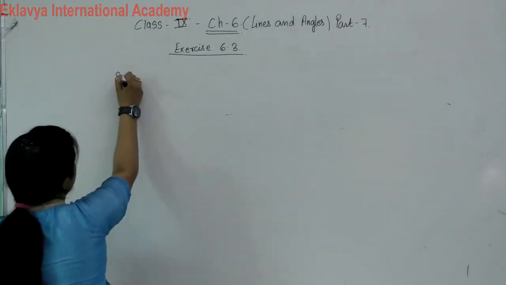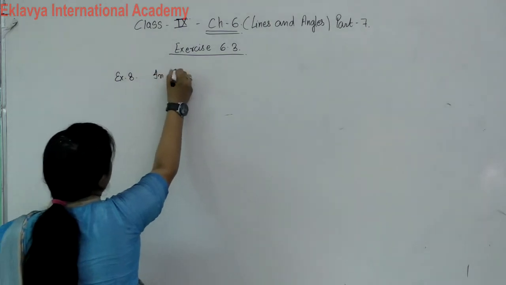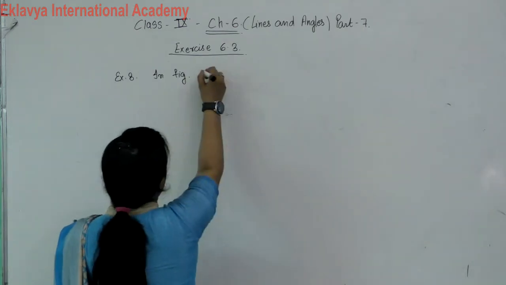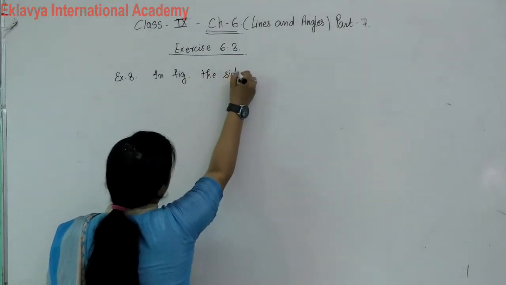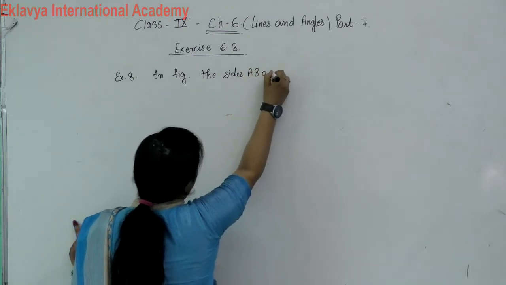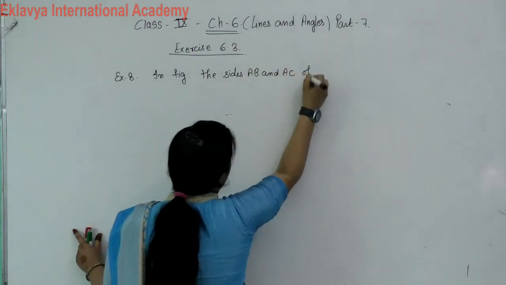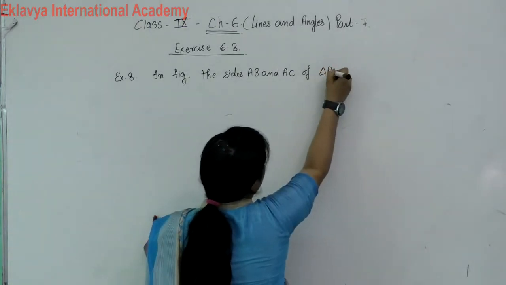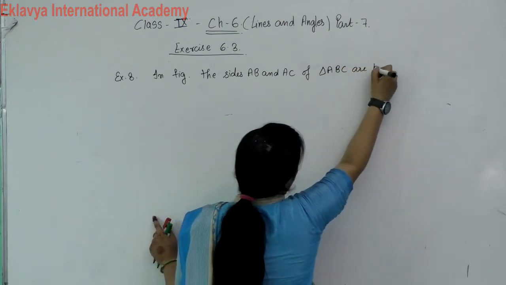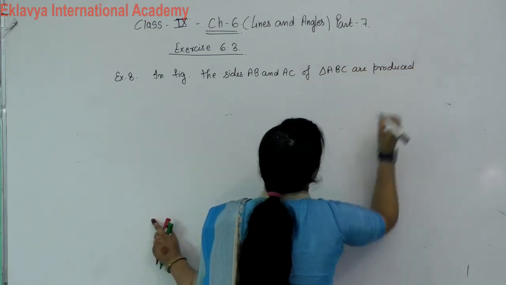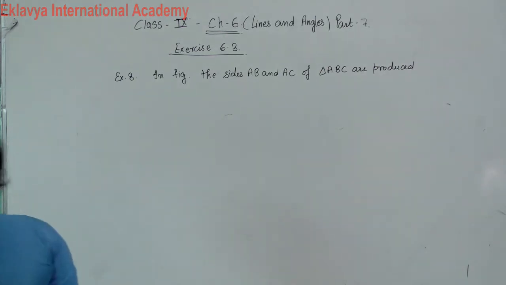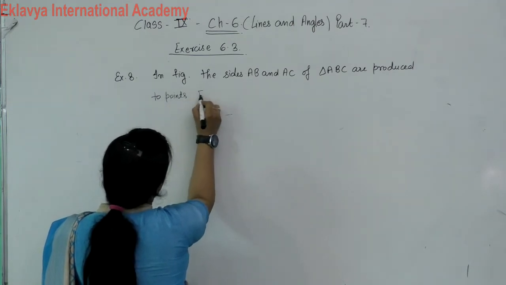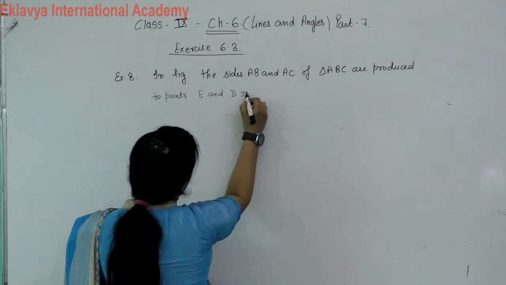Example 8. In the figure, the sides AB and AC of triangle ABC are produced to points E and D respectively.